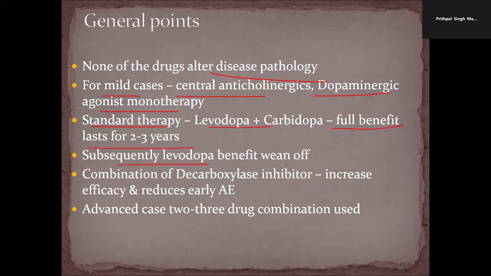Subsequently, levodopa in combination with COMT inhibitors is used in advanced cases. The most common cause of death in patients with Parkinsonism is due to either chest infection, respiratory tract infection, or pulmonary embolism.